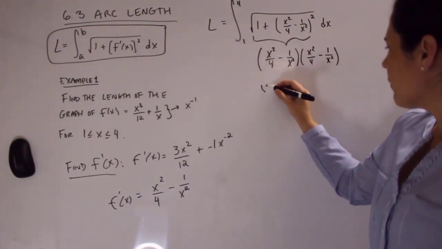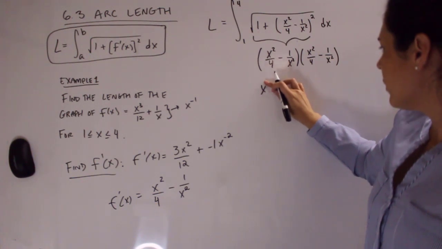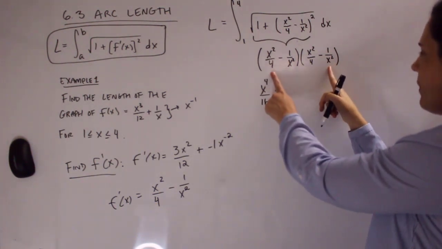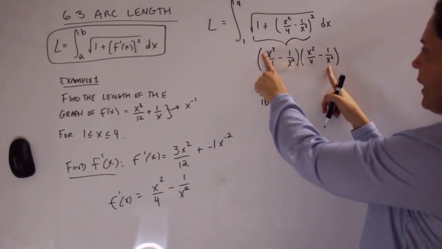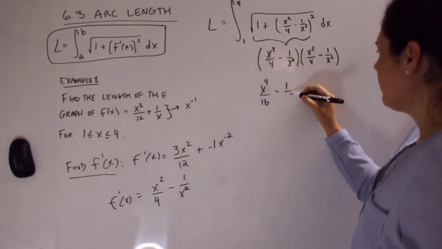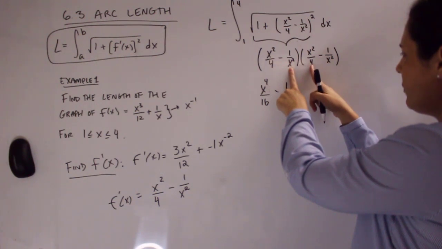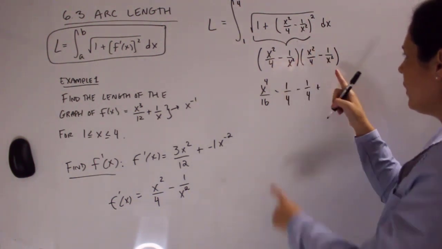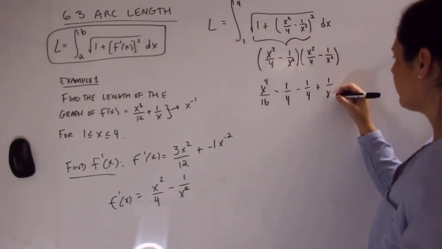Okay, so we have x to the 4th over 16 minus, and on this next term the x squareds are going to divide out, so minus 1/4. This term here, the x squareds are going to divide out also, so minus 1/4. And then plus 1 over x to the 4th.